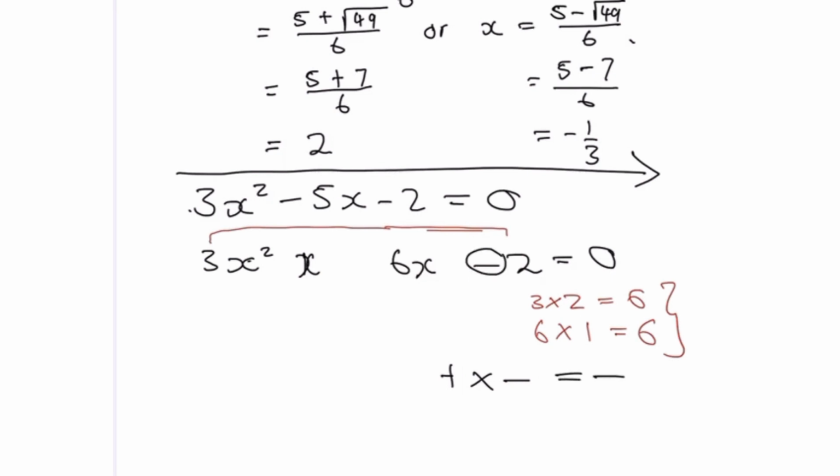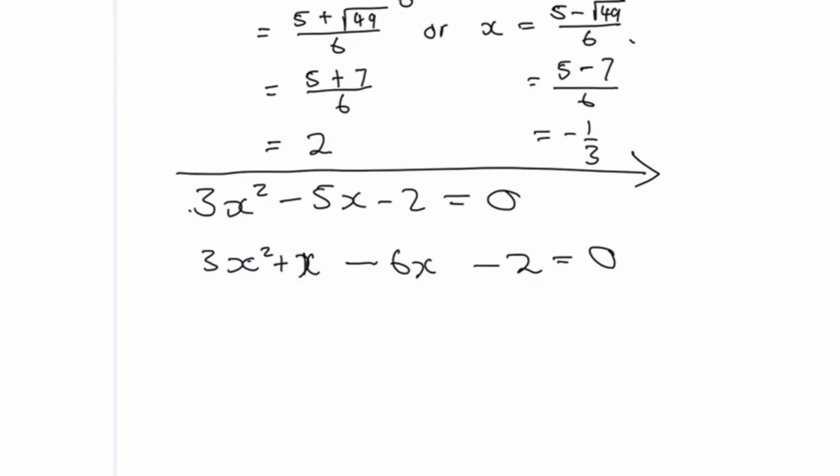It's not a positive and a positive or a minus and a minus. The signs cannot be the same. Now let's go ahead and place our signs such that the larger magnitude receives a negative sign, that is the negative 6 and then the plus 1. When you read these three terms, you should get the same equation. We didn't change anything. And then the next step is just for us to proceed. Go ahead and group.